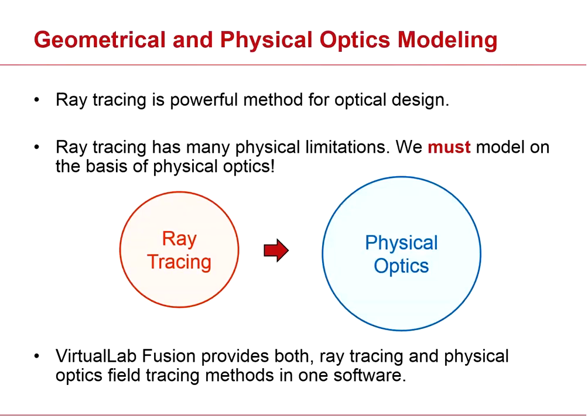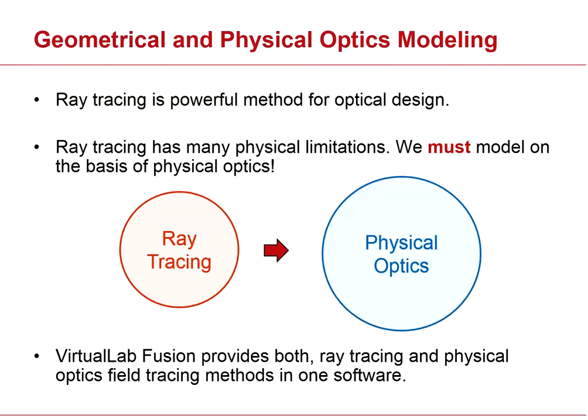What is special about VirtualLab is really that we started more than a decade ago to offer physical optics modeling, and recently we have also added a ray tracing engine to the software, and both together are very, very strong to tackle problems from these different fields of applications.